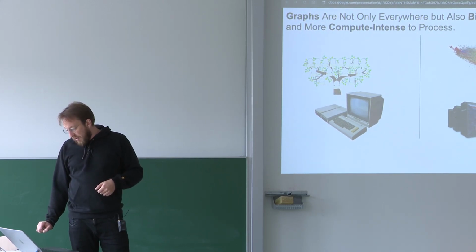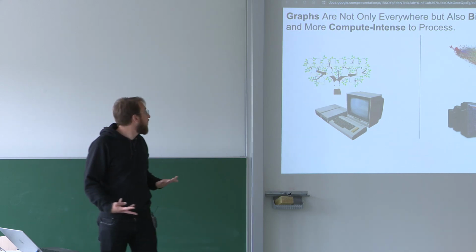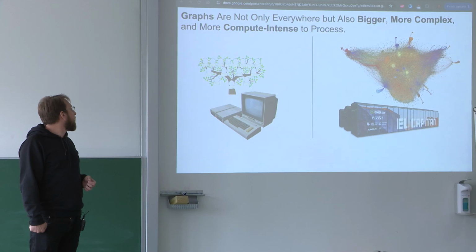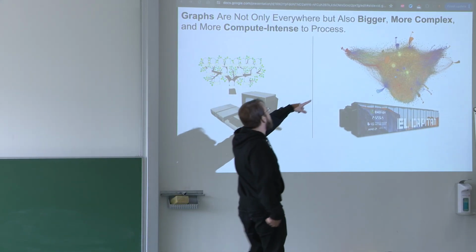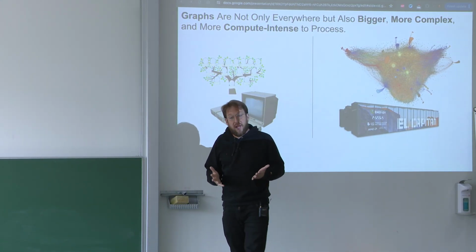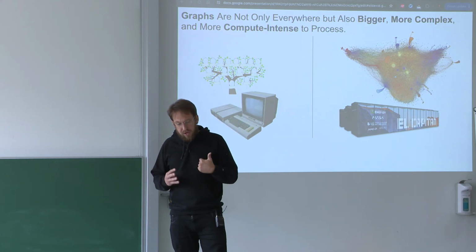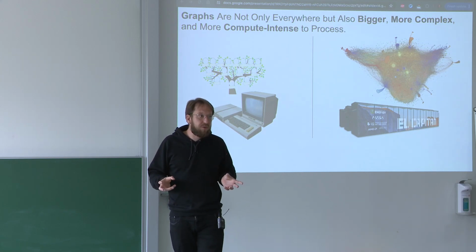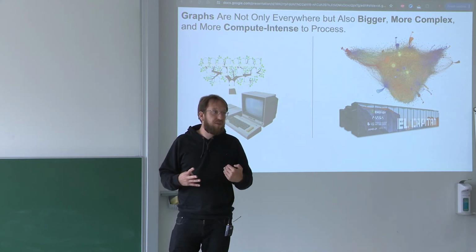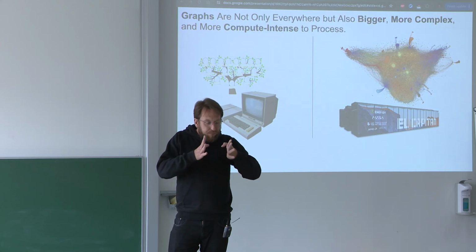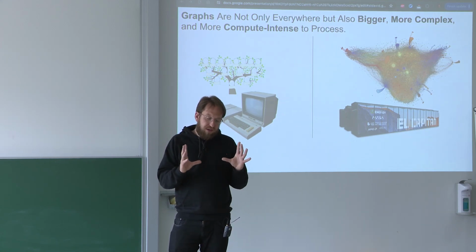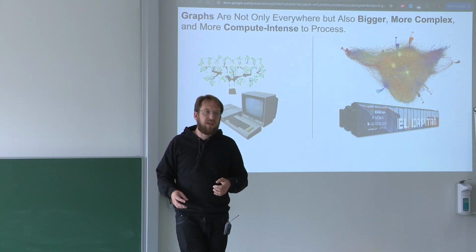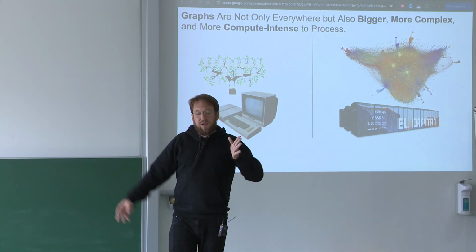But it's not only that they're omnipresent, but they also became bigger and more complex to process, right? This example had a couple of million nodes, and it was actually a multi-layered graph, or even a multi-layered temporal graph. You can imagine that each interaction between a pair of Twitter users has a timestamp. So you could bundle interactions within a time frame of a day, a week, or something like that, and have these networks in layers.